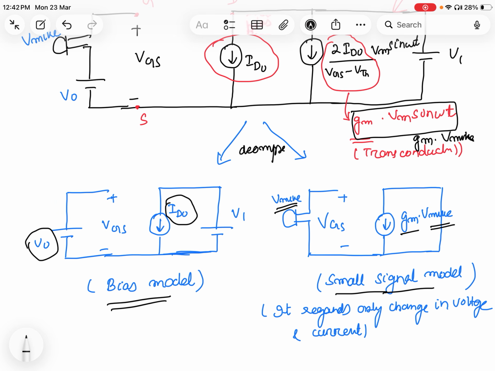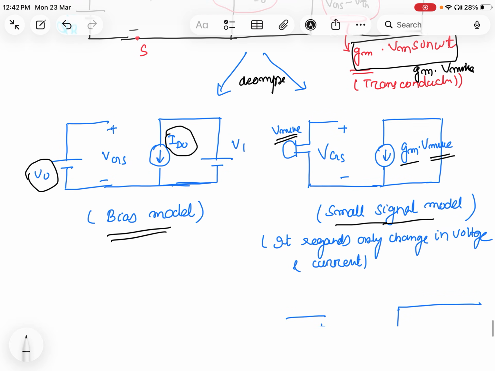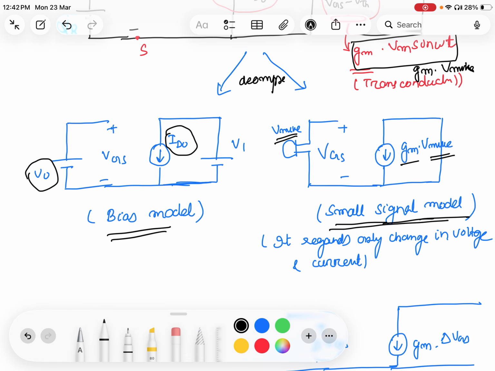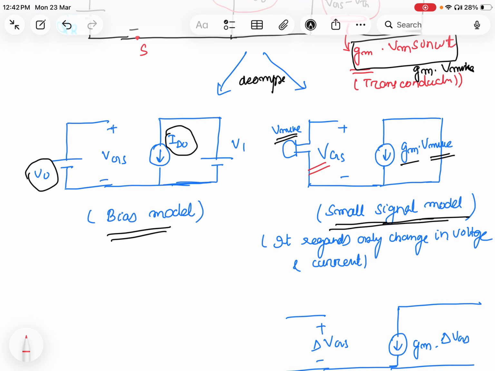So I can decompose the above circuit into two circuits. Now we are interested in the small signal model. In the small signal model, you can clearly see that the VGS here is nothing but the Vm.